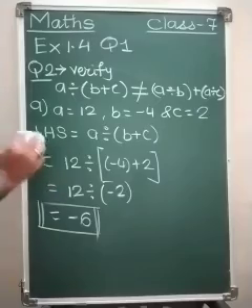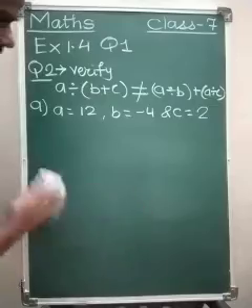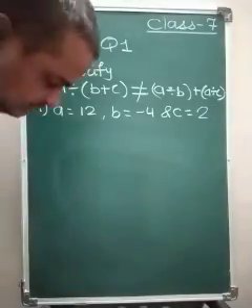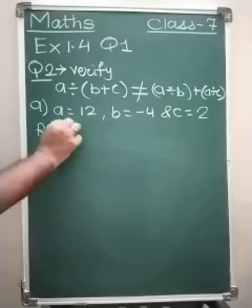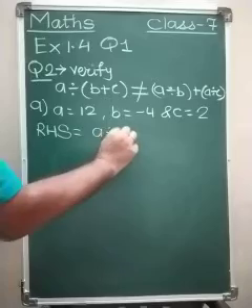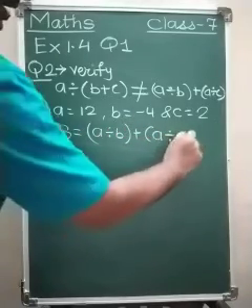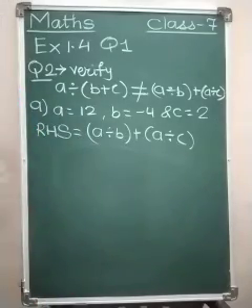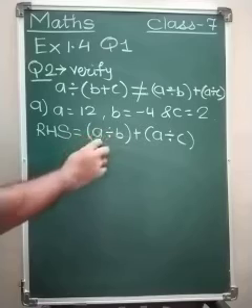So now we will write down RHS and solve it. LHS value is -6. RHS, that is the right hand side, equals A divided by B plus A divided by C. We have to do it in continuation. What is A? 12.